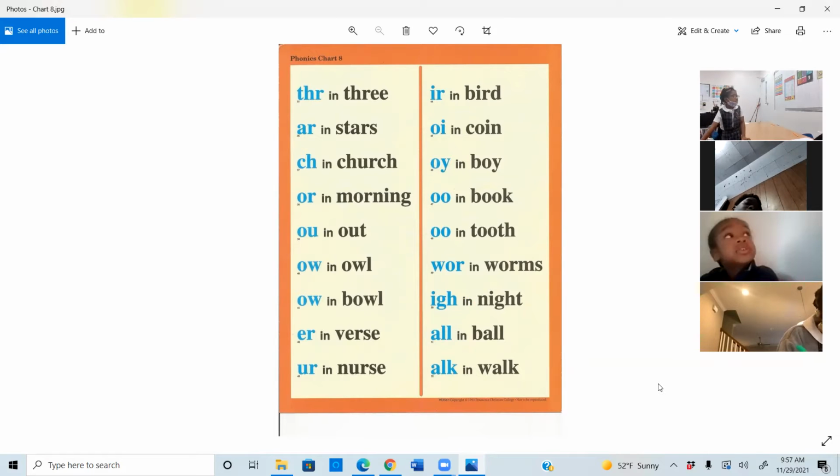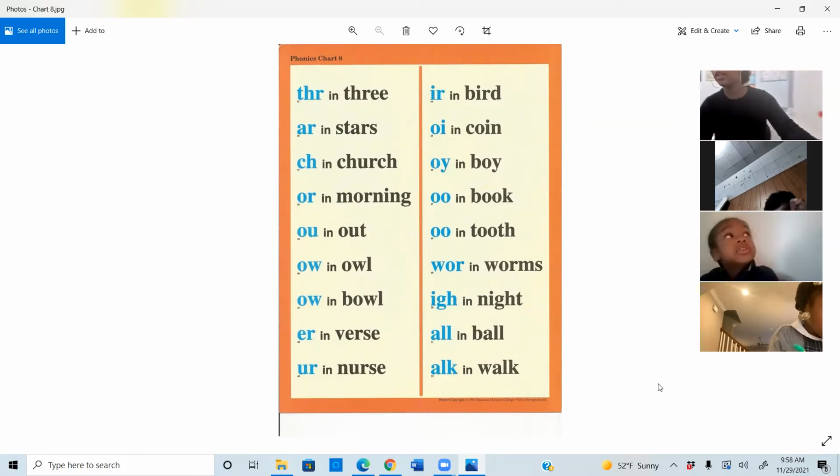OO says oo, and book. OO says ooh and tooth. WOR says were and worms. IH says I and I. ALL says all. LK says k, and walk.